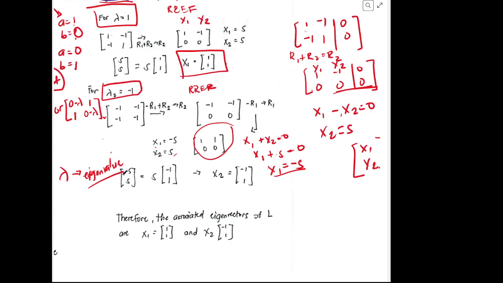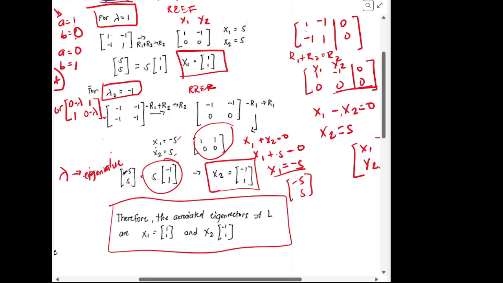So our x sub 1 is equal to negative s. So from this, we have negative s, s, and factoring out s, we have negative 1, 1. Therefore, our second eigenvector is negative 1, 1. Therefore, the associated eigenvectors of linear L are 1, 1 and negative 1, 1.